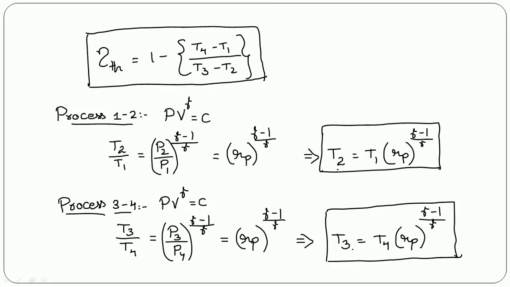Now from this we want T4. So T4 can be written from this expression as T3 by Rp to the power gamma minus 1 by gamma.